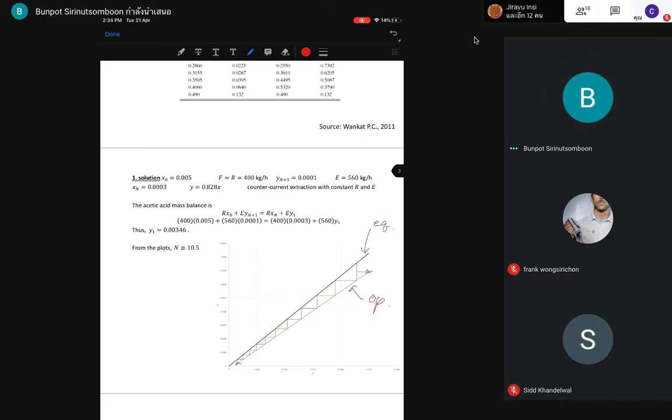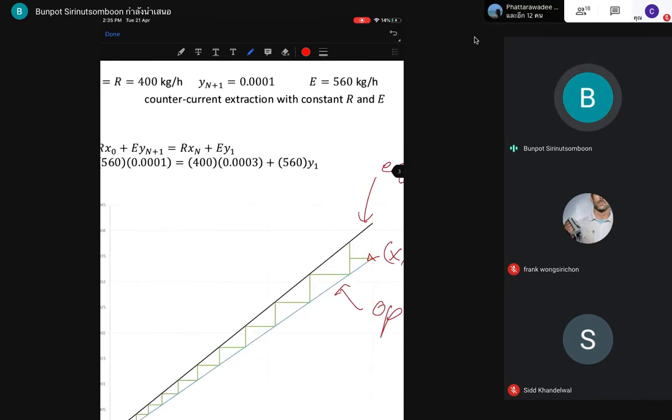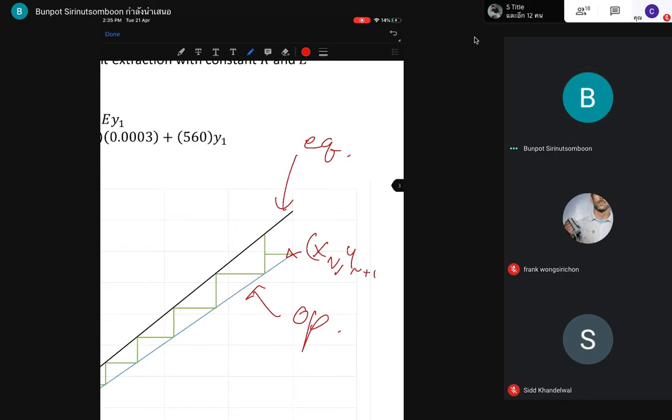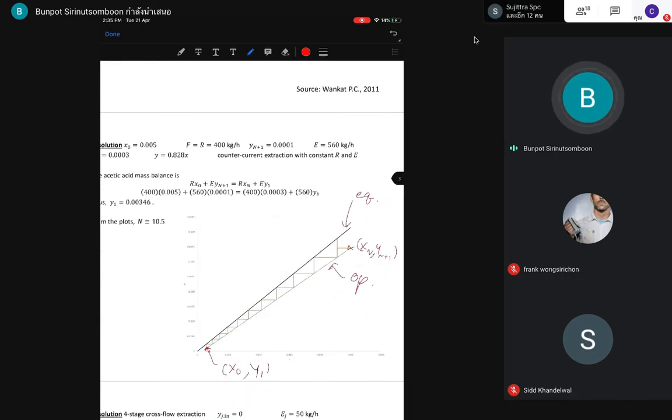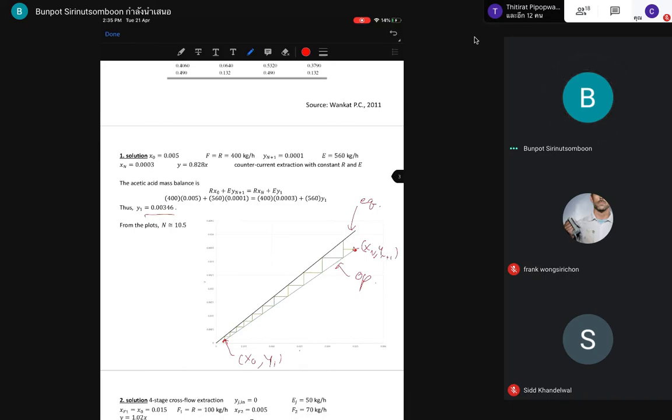From this, this point right here is x0, y1, and this point right here is xn, yn+1. Once you get 2 points, then you can draw this operating line. I use the mass balance here to find y1. Once you draw the lines, you just draw the steps, and I got the answer to be about 10.5.